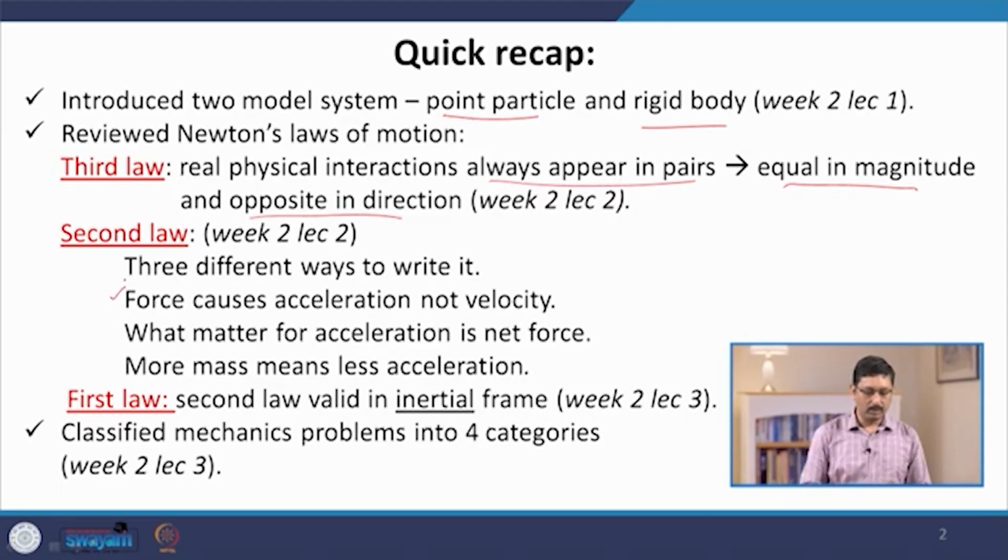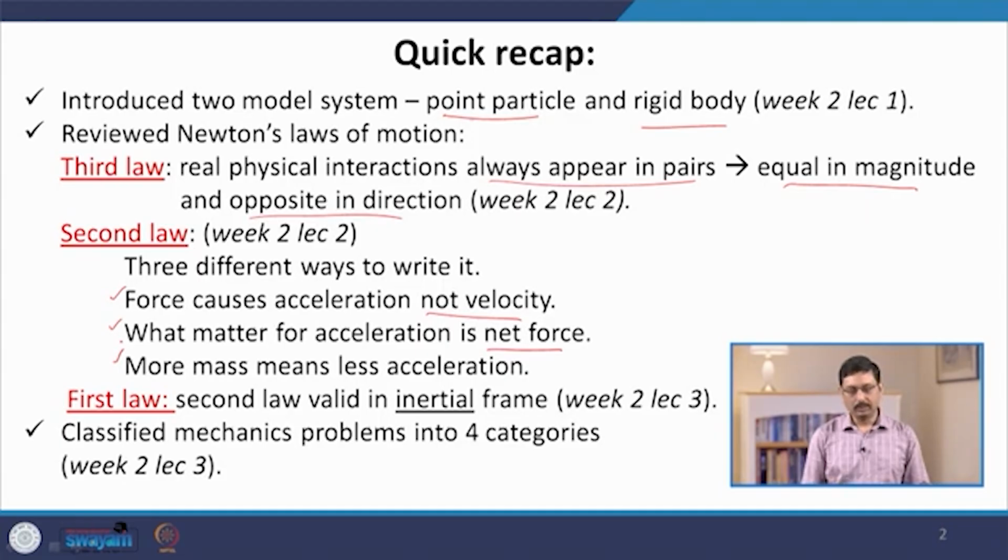First, force causes acceleration and not velocity. Second, to determine the acceleration, what matters is the total or net force, not the individual forces. And third, more mass means less acceleration. This is the property of inertia of a system.